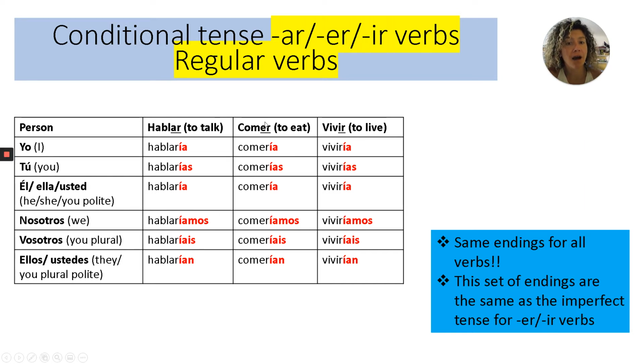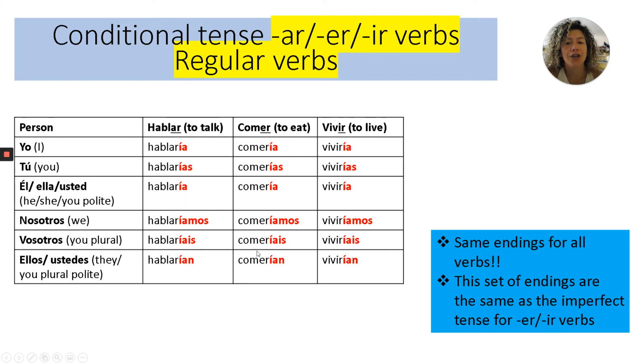I've got an ER verb now, and I want you to have a look and tell me what I have done to conjugate. Say it out loud. And now we're going to vivir, which is to live, an IR verb. How have I done it? What did I do?